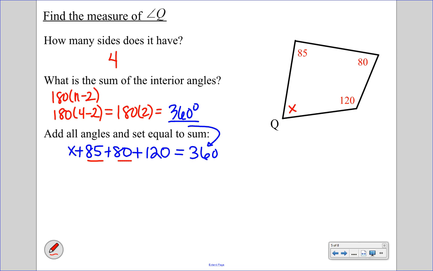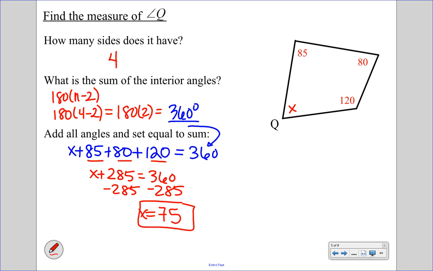So we can add these up. So this is going to be x plus 285 is equal to 360. Subtract your 285. And you get 75 for the value of x, or the angle Q.